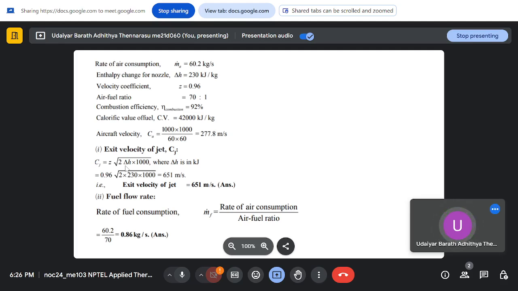So enthalpy plus kinetic energy at inlet equals enthalpy at exit plus kinetic energy. If we assume the inlet velocity is negligible for the nozzle, the exit velocity will become root of 2 into delta h. That's what is written here. The velocity is root of 2 into delta h, into 1000 to convert kilojoule into joules, and Z is my velocity coefficient. It's like the efficiency of the nozzle.